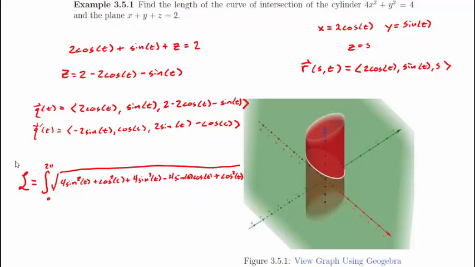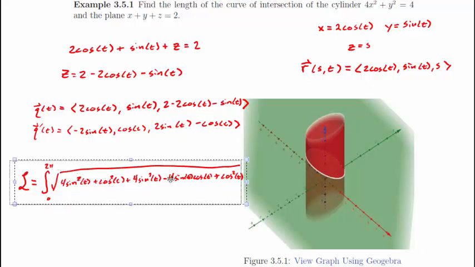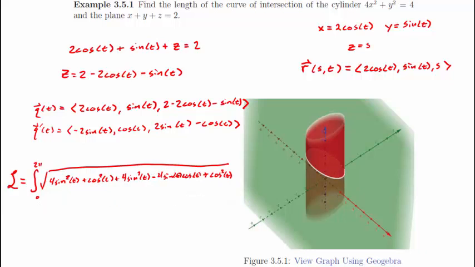Move this to the left just a hair so I have room for the dt. Alright, let's hope that this all works out nicely. We have 8 sine squareds, 2 cosine squareds, minus 4 sine cosine integral. Actually, I don't think I'm going to do a double angle. I'm hoping that this factors nicely.